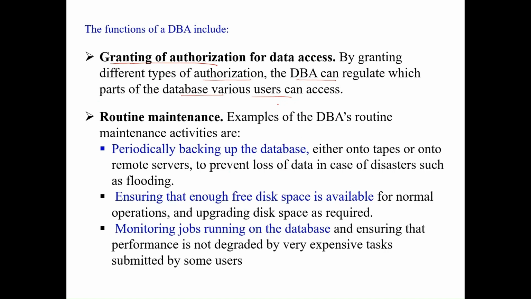So which user has the authority to see which data? We know that in the banking system, the manager has the authority to see the complete data, but the teller or the clerk of the banking system will have the authority to see only limited data.